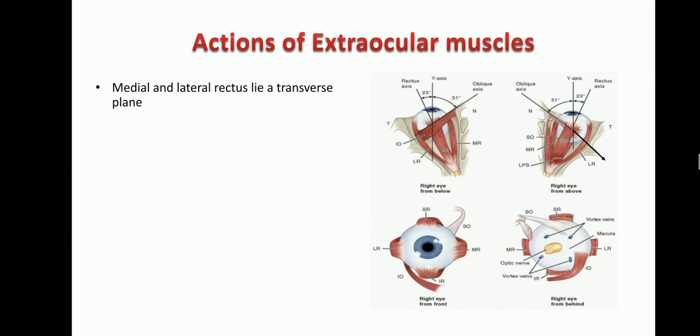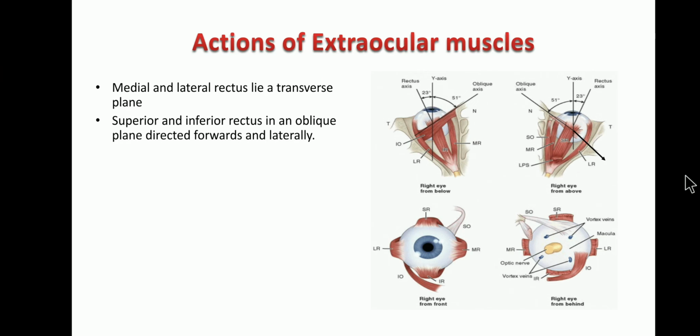Next, coming to the superior rectus and inferior rectus, they lie in an oblique plane which is directed forwards and laterally. With the optical axis, it makes an angle of 25 degrees.